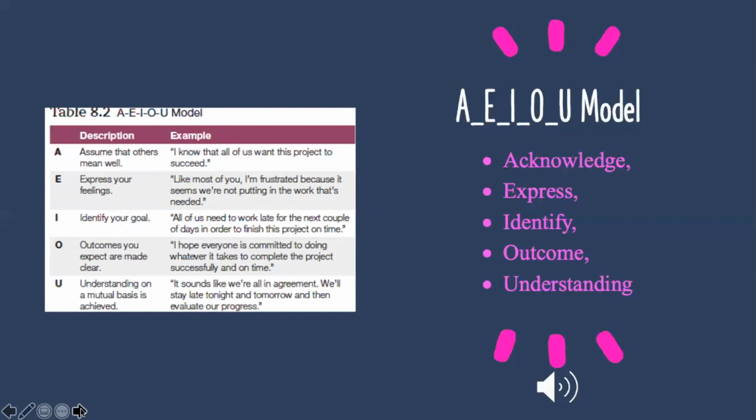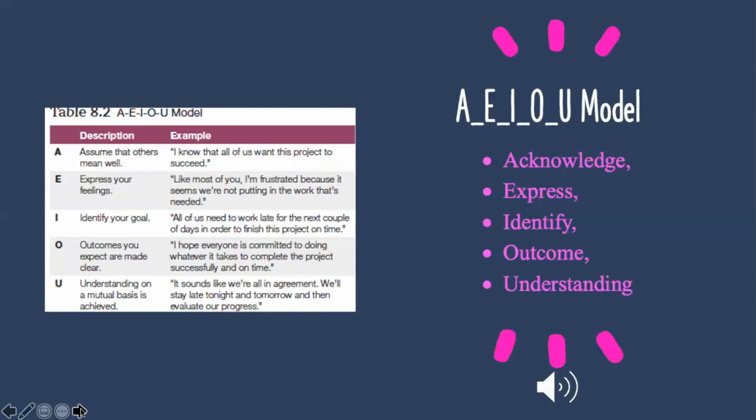As we can see here on this chart under the descriptions, the A has to do with assume that others mean well. In a group environment, sometimes I think we look at individuals that might have separate motives for being involved in the group. So within this A, acknowledge that and assume that others do really mean well.